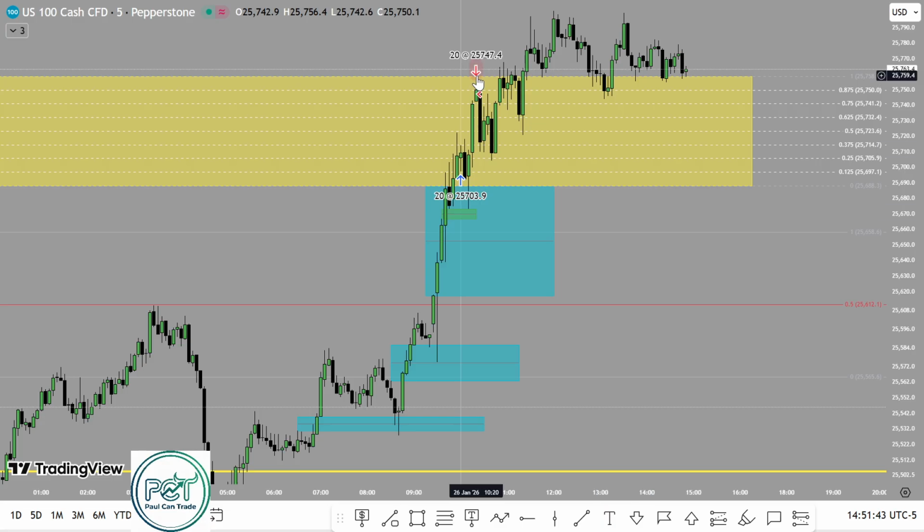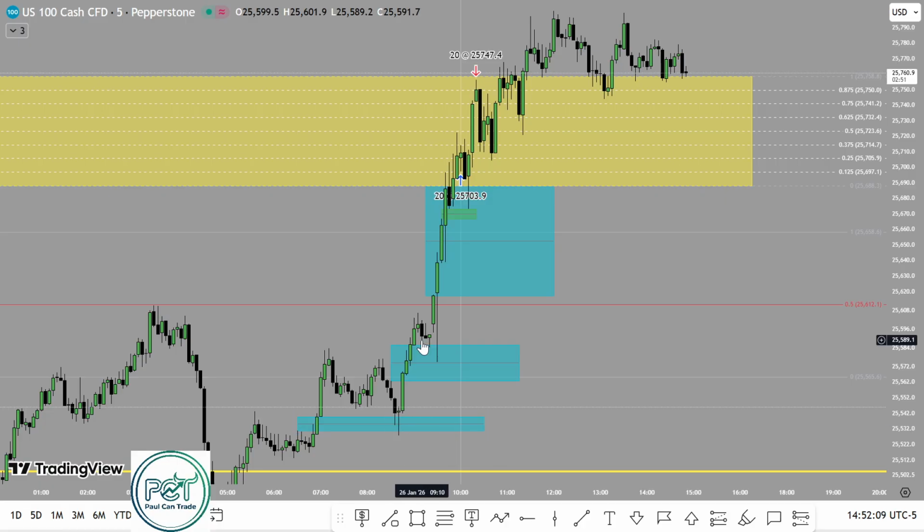Look what we got. I was aiming for about 40 handles. We got it. The exit was at 10:20. So in about 20 minutes, that was it. Delivered. But you see, even on the 5-minute chart, the bodies of the candlesticks are remaining above the inefficiencies.